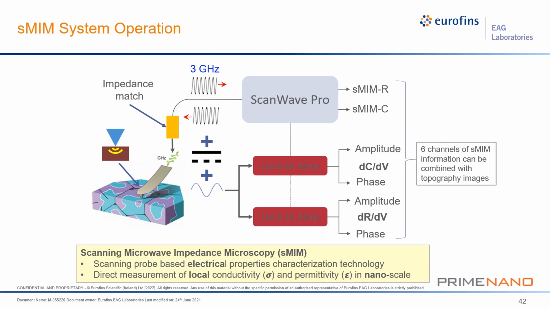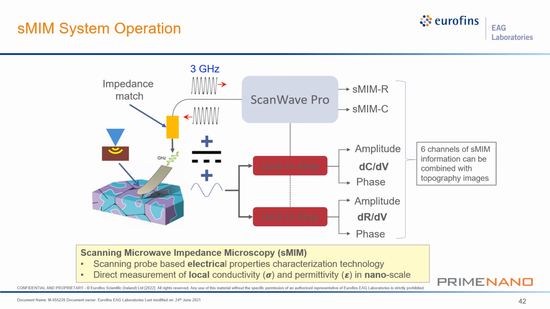These interact with the sample beneath it, and the reflected microwave signal is then processed through the electronics, and the output is the imaginary and real components of the tip-sample admittance, SMIM-C and SMIM-R, which correspond to the material permittivity and conductivity of the sample. As the probe scans over the sample, it creates an image showing this relative to the topography image.